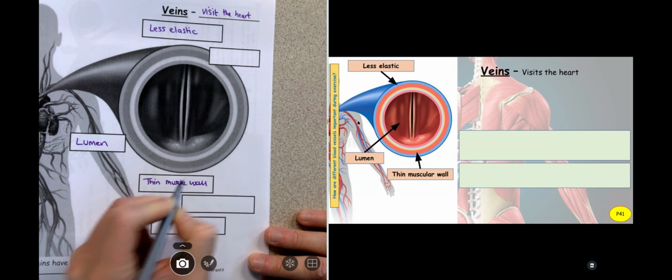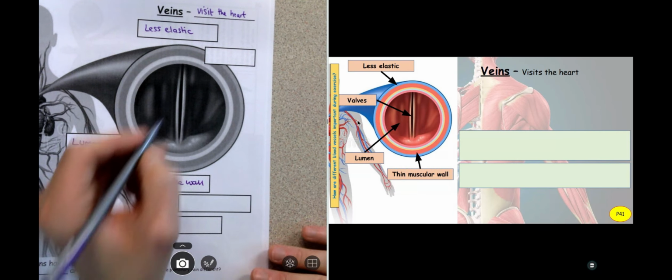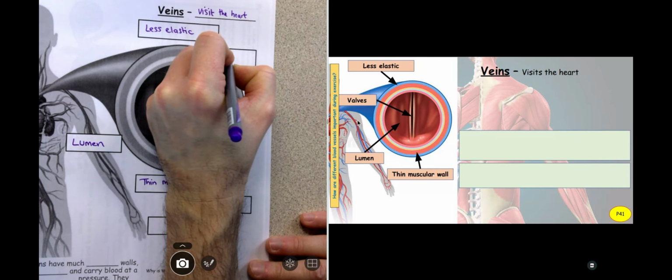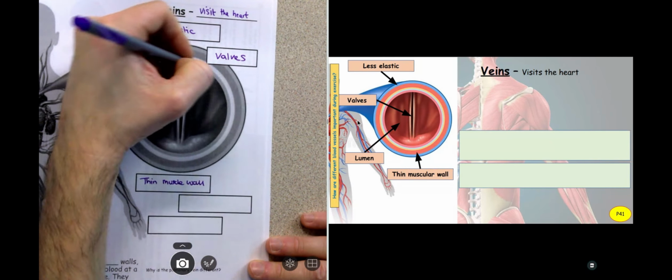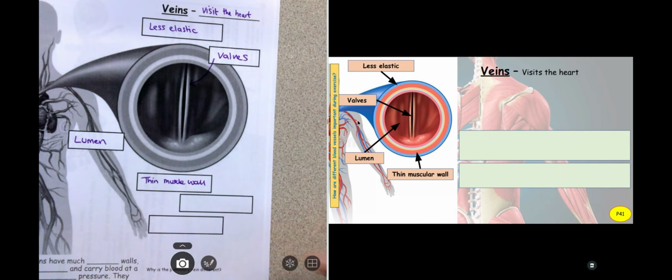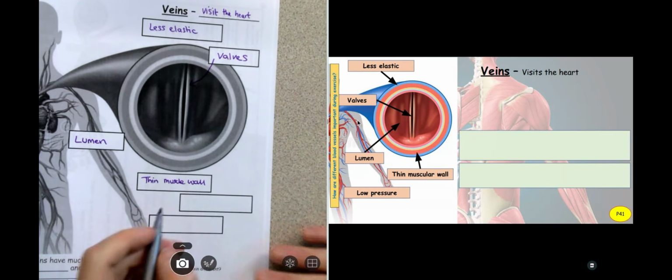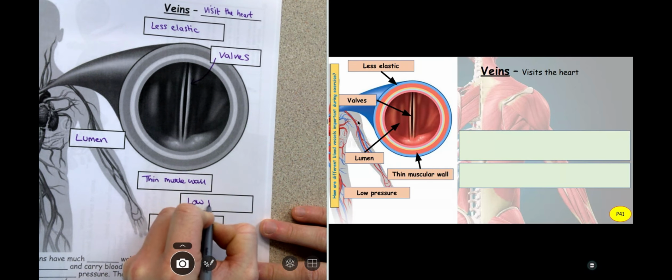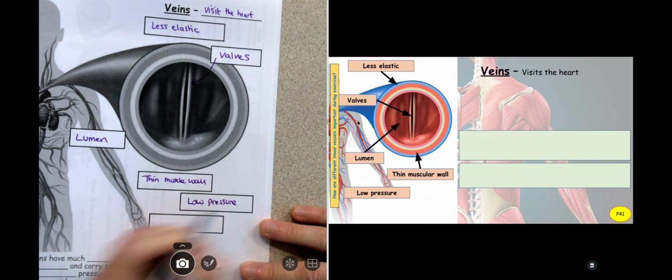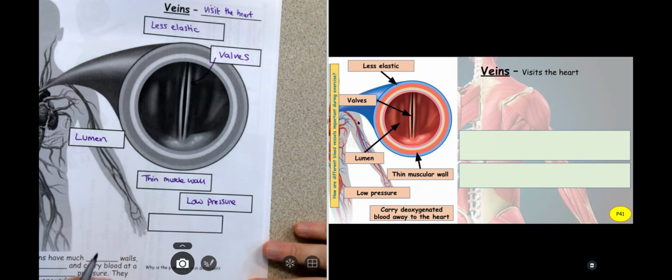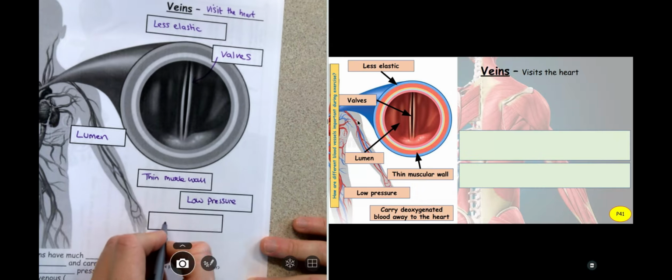A key characteristic with veins is they have these valves, and that will be to prevent backflow of blood. They carry it under low pressure. And it's to the heart.